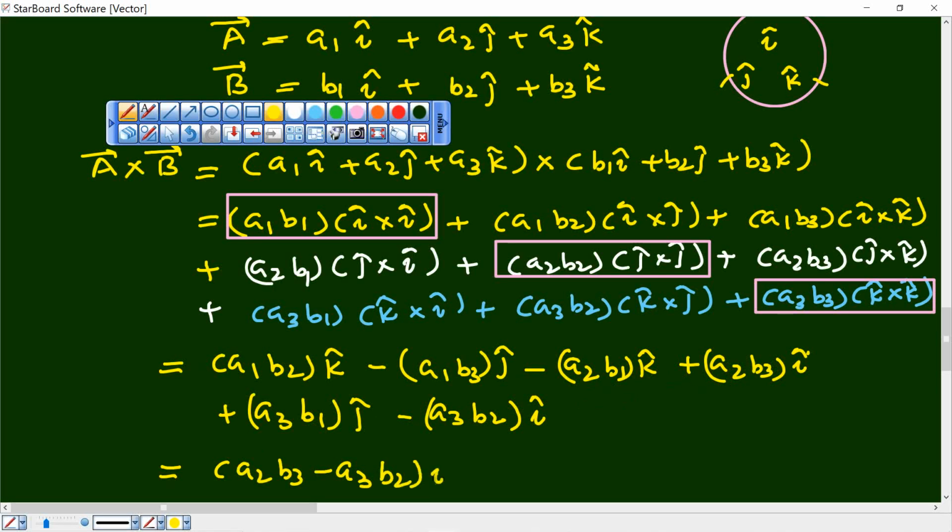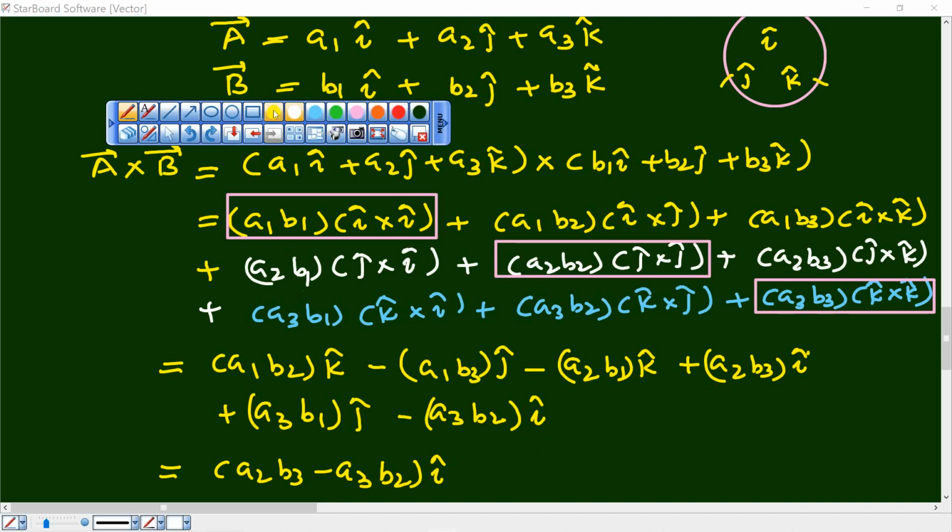Am I correct? I cap common in these two. Yes, one is the I cap term, and the other is also an I cap term, so I can take it common.